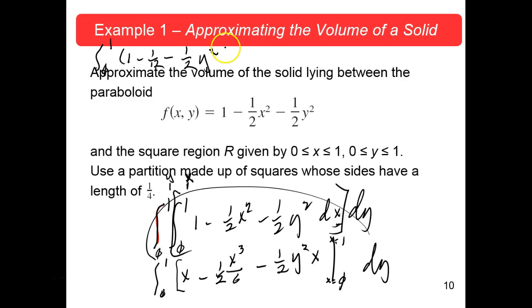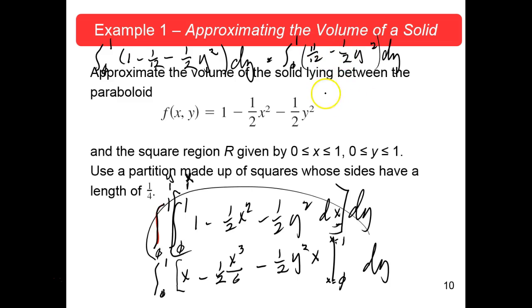Then you still got your dy to go. But now we have a function, let's clean this up a little bit. This will be the integral from 0 to 1 of 11/12 minus 1/2 y squared dy. Now these are the limits on y. Same limits, but they're on y now.